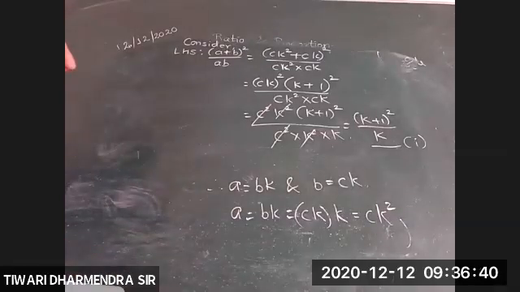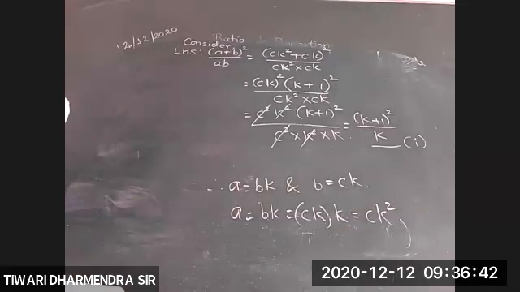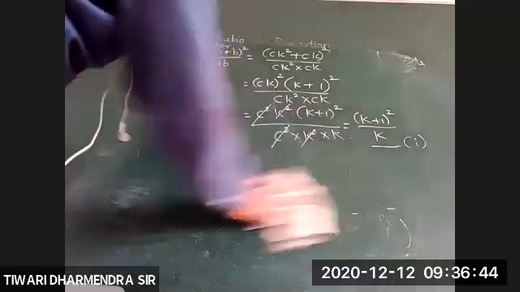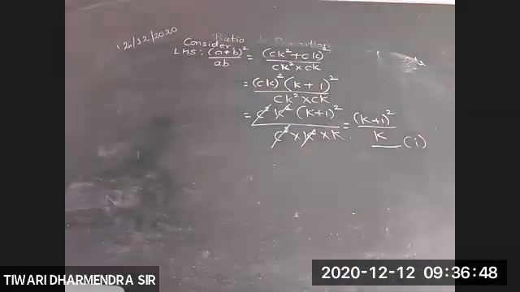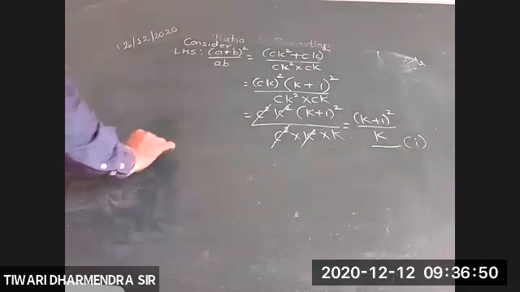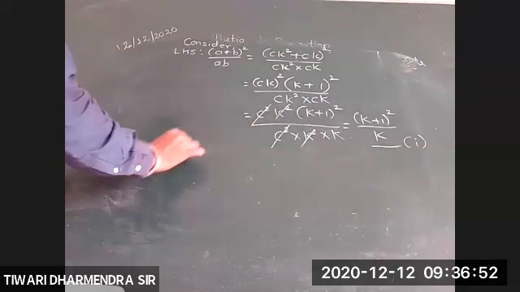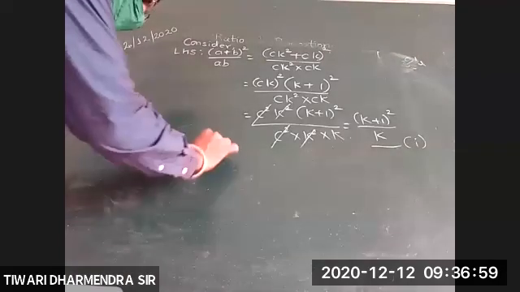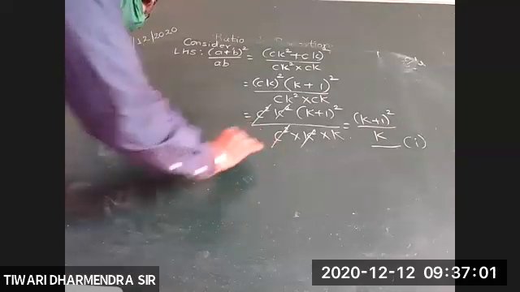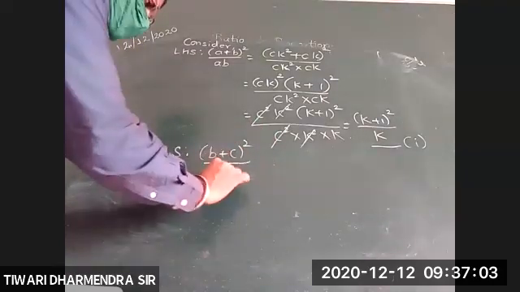Okay. Now we'll move to right hand side of show that. What is our right hand side? It is b plus c the whole square divided by bc.